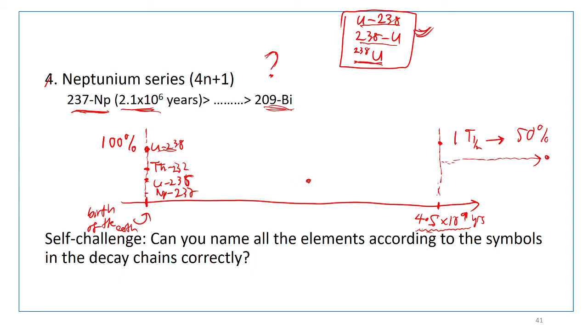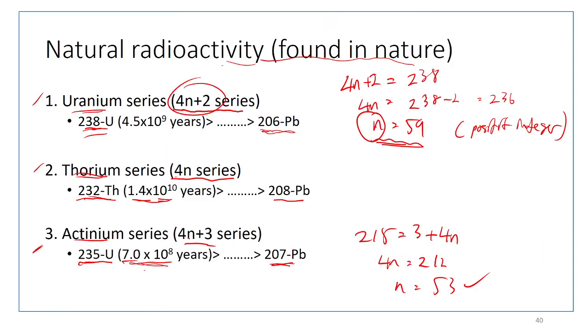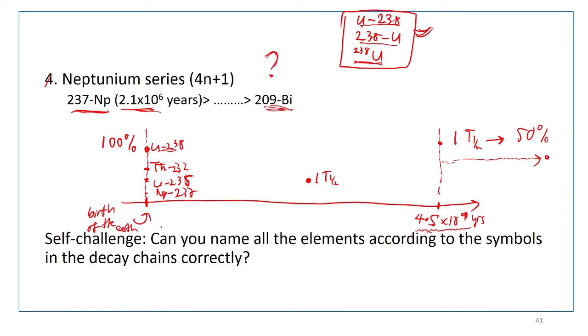It could be around here, before the present time. And compared to these three parent nuclei, neptunium has a far shorter half life.